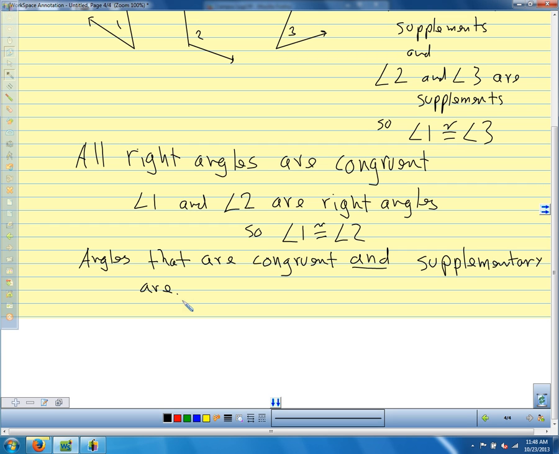We have congruent angles that are supplementary. Supplementary means they add up to what? 180. They're congruent, so each of them has to be what? Right, they have to be 90 degrees. If they're equal and they add up to 180, each one has to be 90. So we're going to say that angles that are congruent and supplementary are right angles.